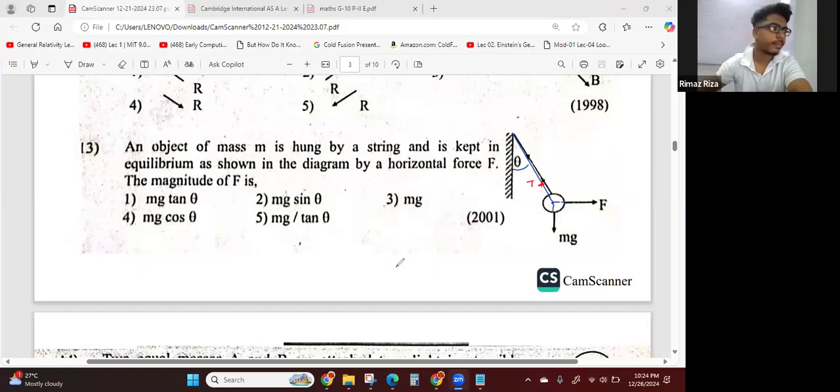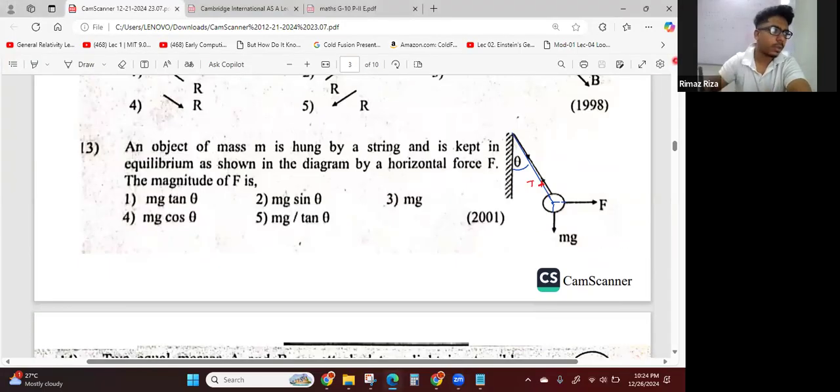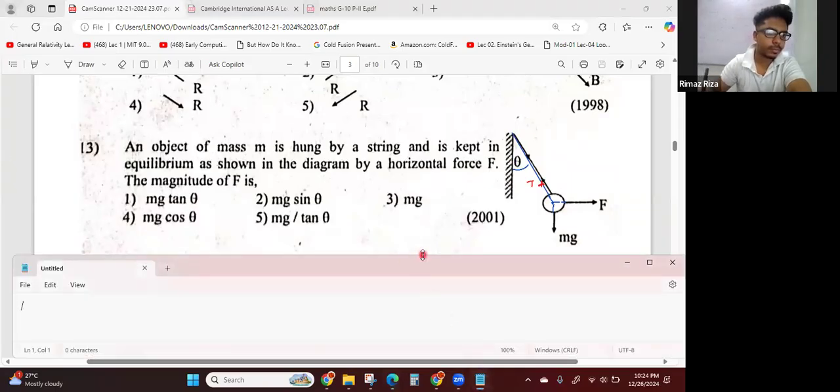Okay, I'll do this. So here we can consider the force equilibrium.